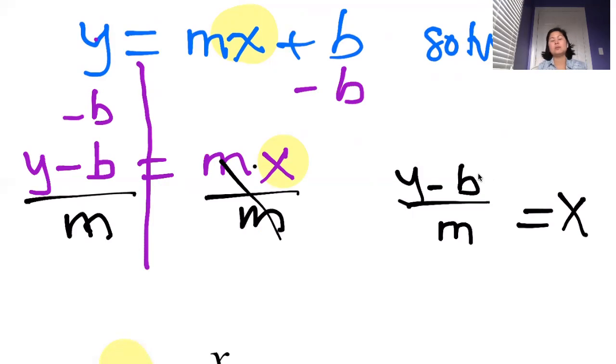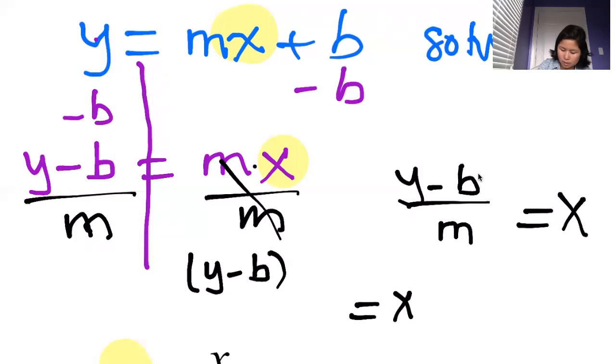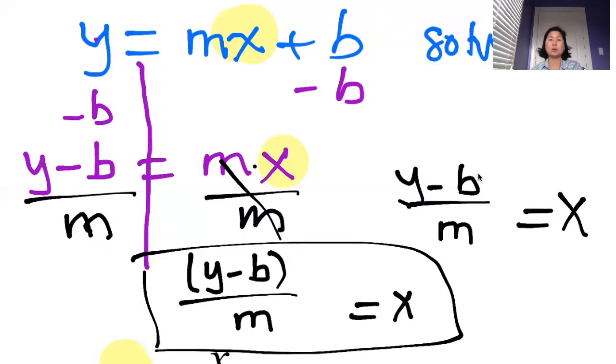So here's the problem when you type this in Schoology when you take the summative next week: it will not look like a fraction. So this is how I want you to write it in Schoology when you take that summative: you can put parentheses, y minus b, over m. Okay. If you type it in this way, then your answer will be correct.